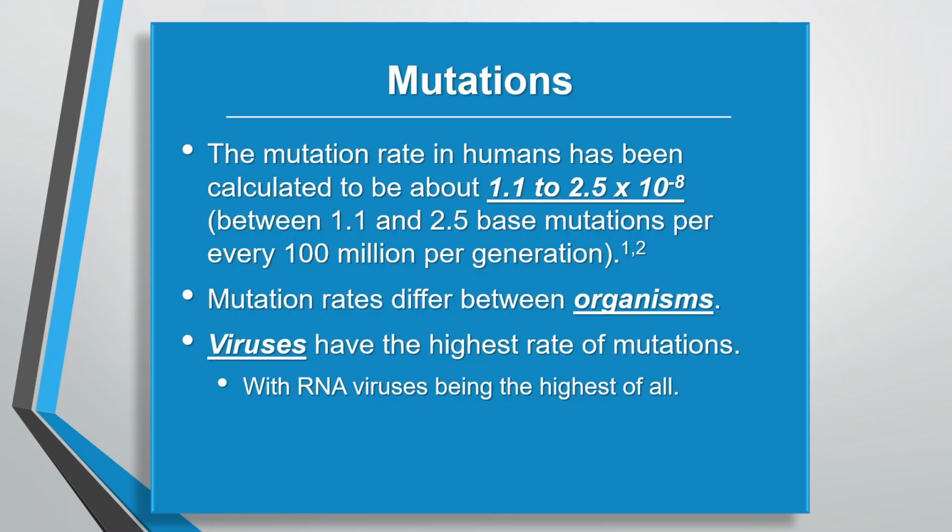And RNA viruses have mutation rates between 10 to the minus 3 to 10 to the minus 5 per base per generation. So that's one base mutation for every 1 to 100,000.